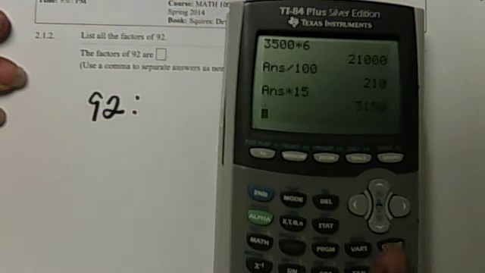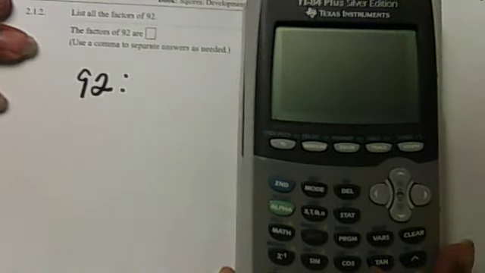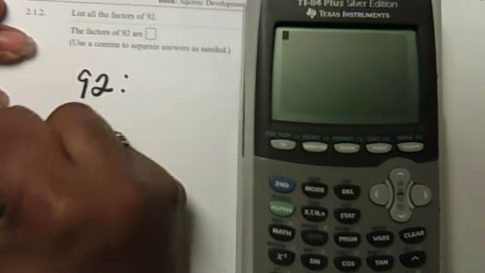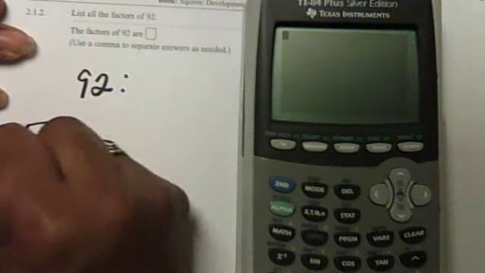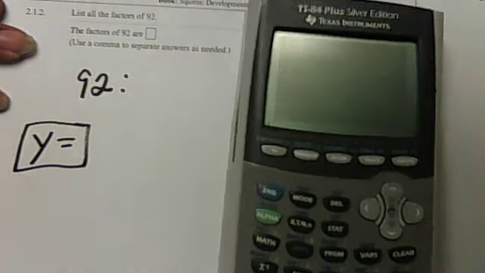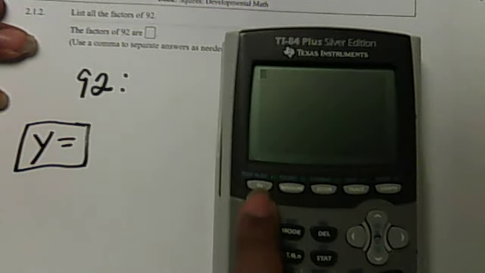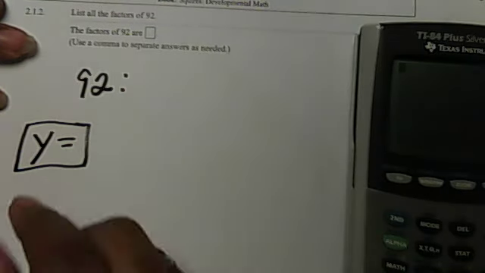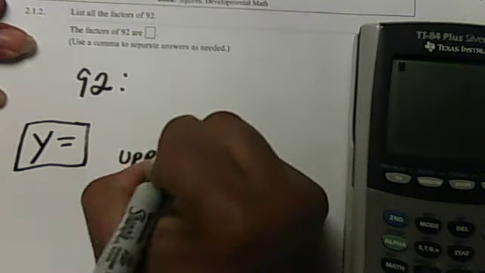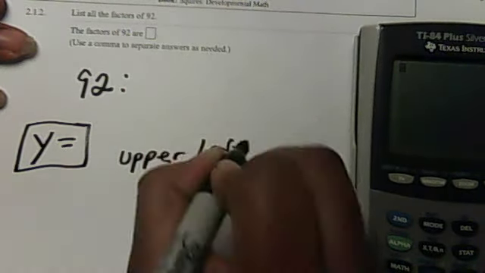In our calculator, we're going to hit the Y equals button. The Y equals button is in the upper left hand corner.